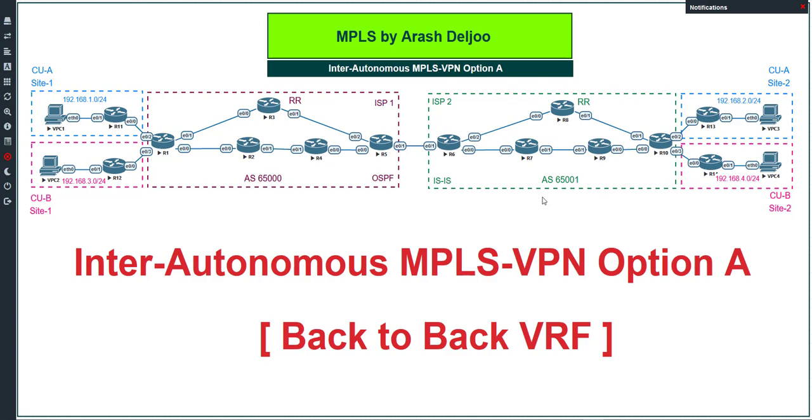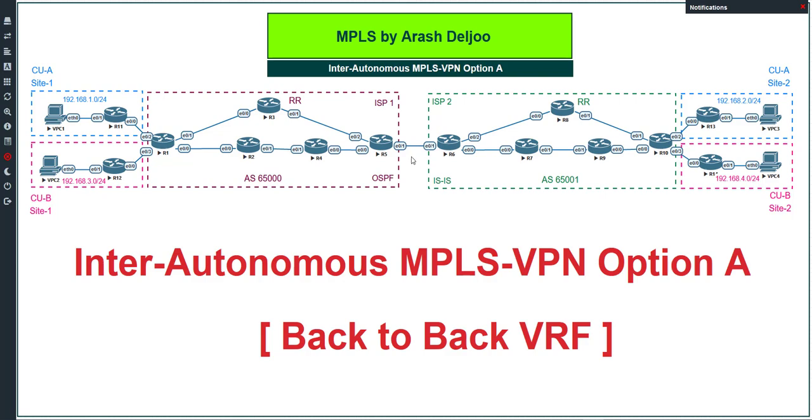This means that here we need cooperation between the two ISPs, and finally after this cooperation these two ISPs can work together to give connectivity services to customer A, because customer A in site 1 is connected to ISP1 and customer A in site 2 is connected to ISP2. These two ISPs should work together, and after that they can provide the MPLS layer 3 VPN services to customer A and also customer B.